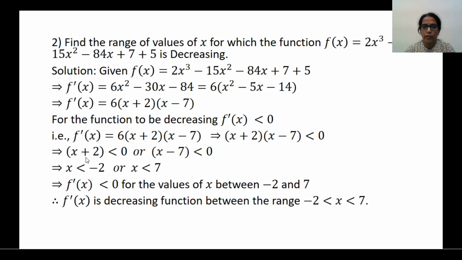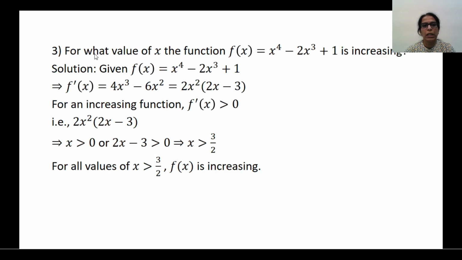If you transfer the 2 and 7, you will get x less than minus 2 and x less than 7. So f dash of x is less than 0 for the values of x between minus 2 and 7. For this range, the function f of x is a decreasing function.